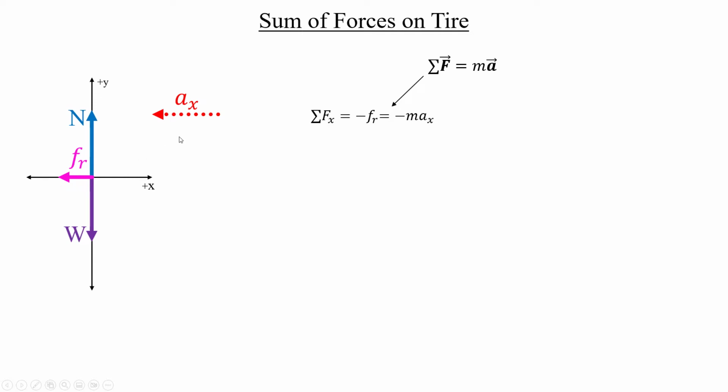The rolling friction and the acceleration are both pointing in the left direction. So it's negative F equals negative ma. But since we have a negative on both sides, we can just get rid of it. Doesn't really matter. We do need to be very careful about the way that things are pointing, though. So it is important to note this as a first step, even though we're getting rid of these negative signs here.